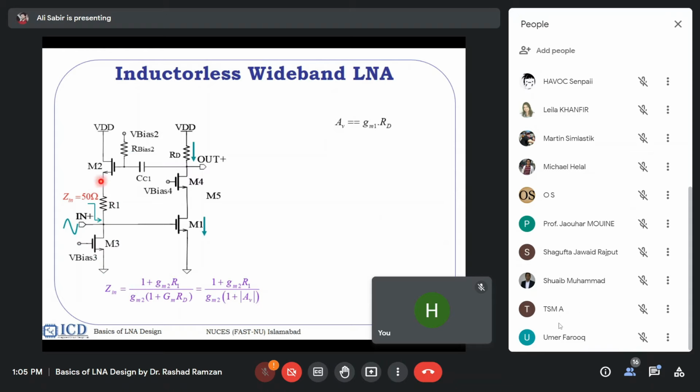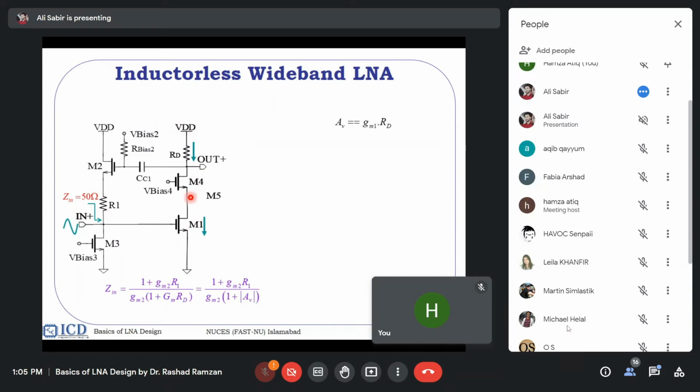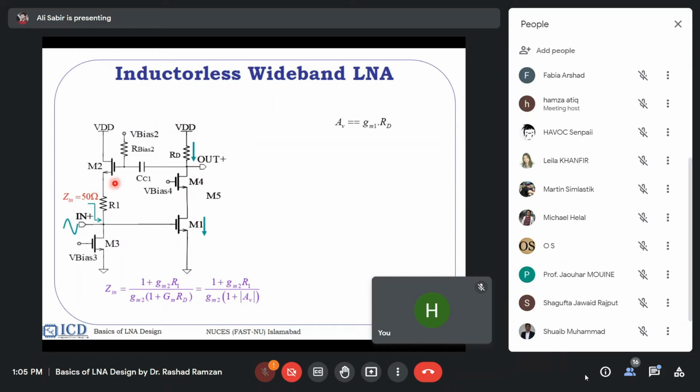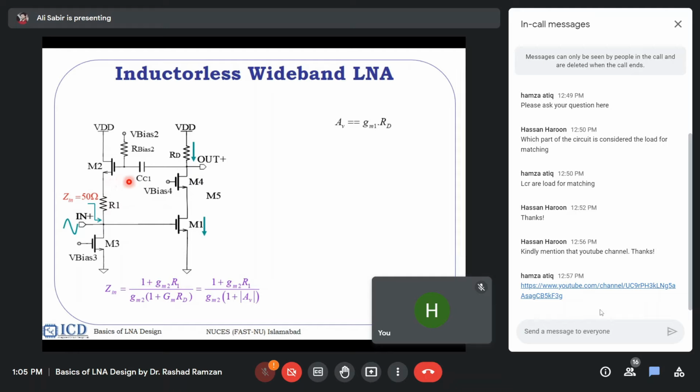And if you carefully see here, what type of transistor is this one? What is the configuration of this one? It is common source. This is cascode. What is the configuration of M2? Anyone? Common gate. This is common gate.